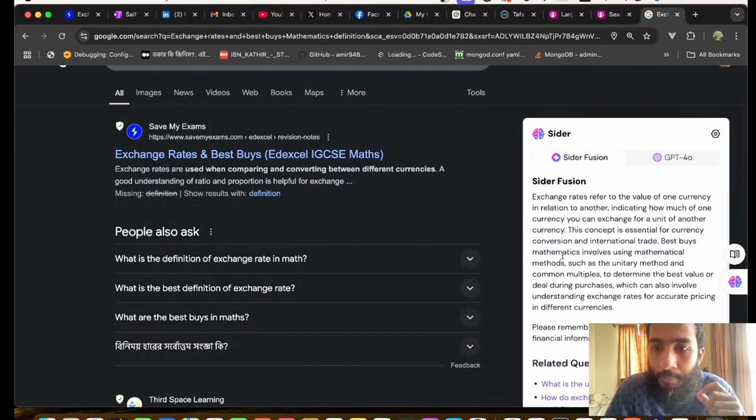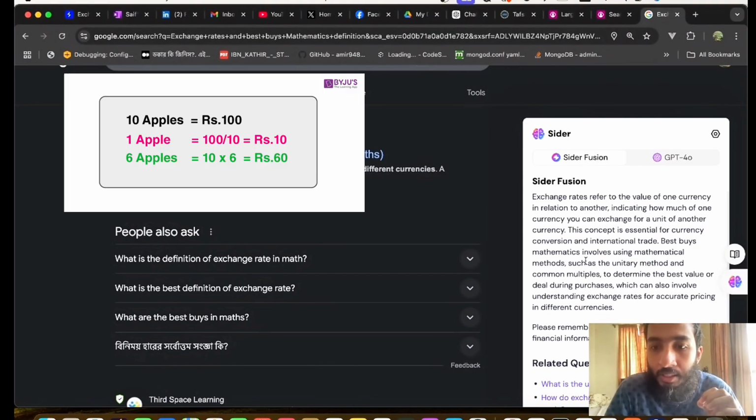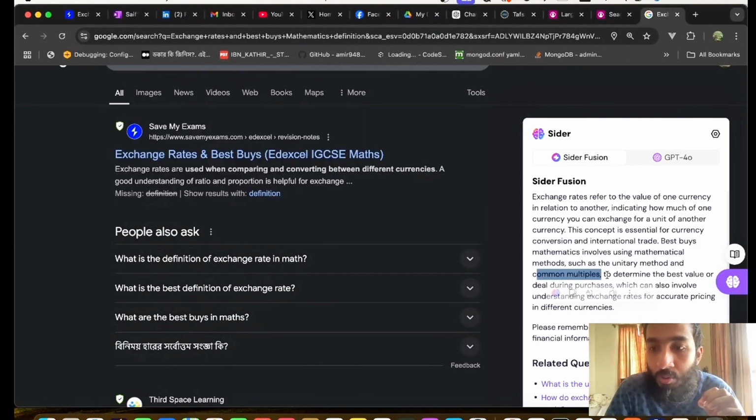So what is the best buys definition? Best buys in mathematics involve using mathematical methods such as the unitary method and common multiples to determine the best value for a deal during purchases, which can also involve understanding exchange rates for accurate pricing in different currencies.